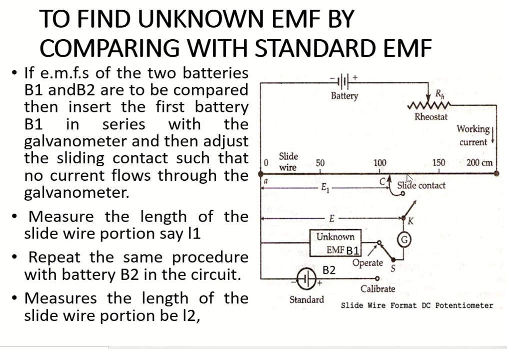Suppose at another position the galvanometer shows zero deflection, let it be L2. L1 is the distance at which the galvanometer shows zero deflection when connected to battery B1, and L2 is the distance at which it shows zero deflection when connected to the standard battery B2.